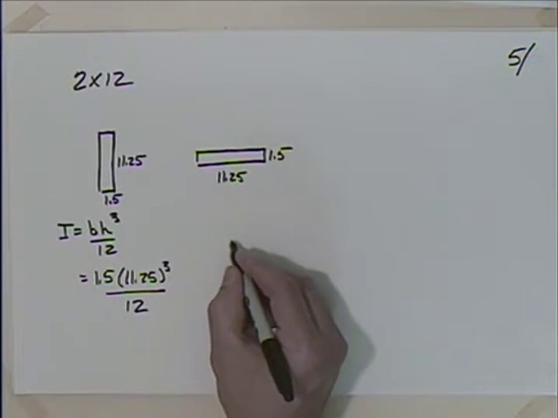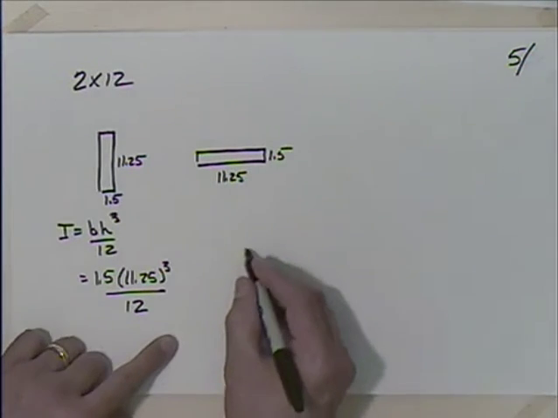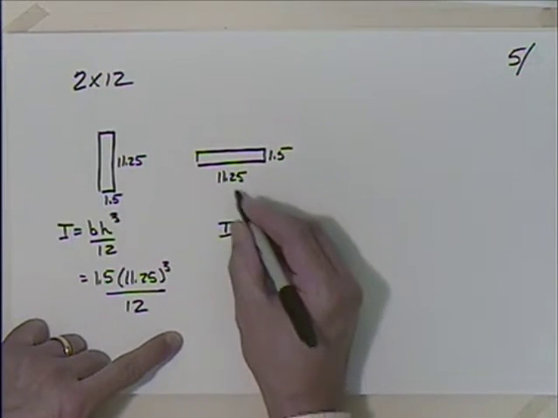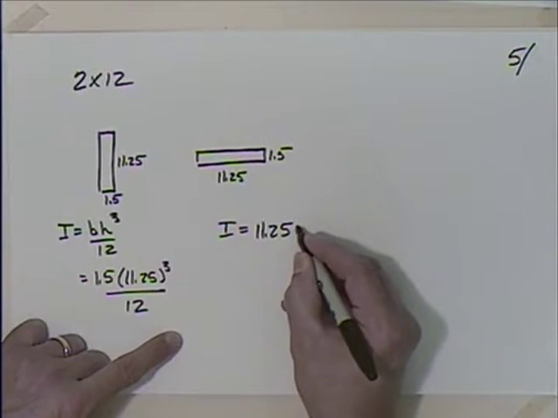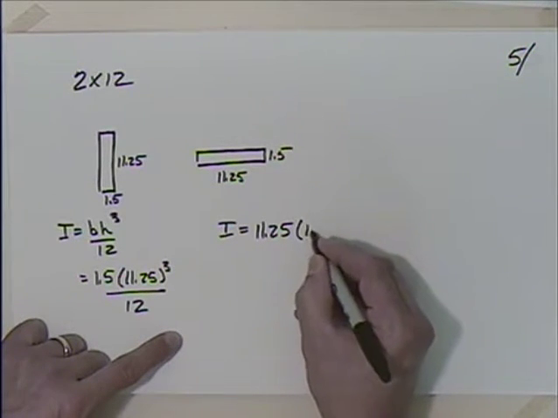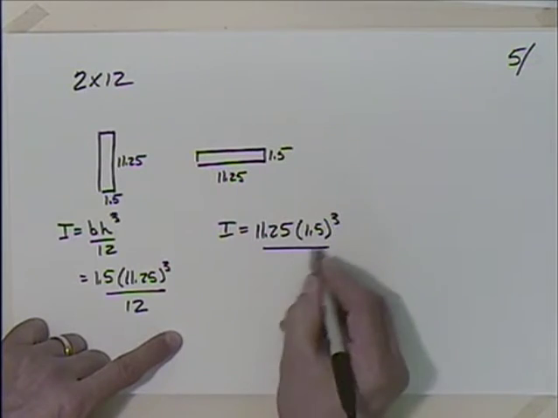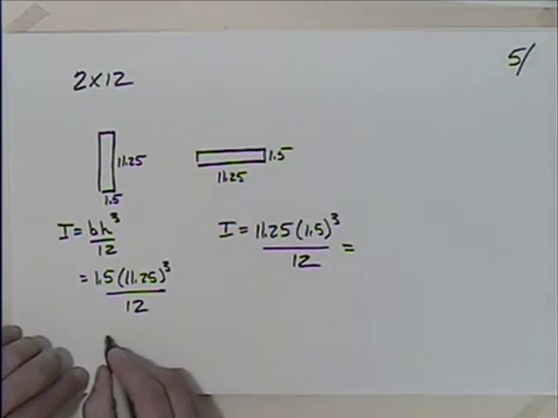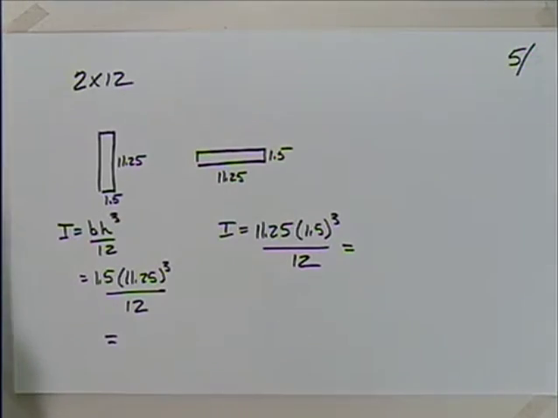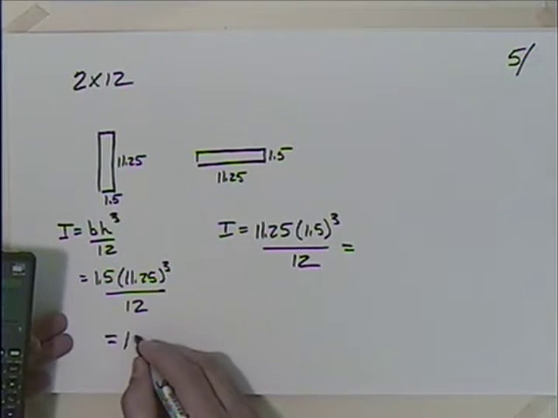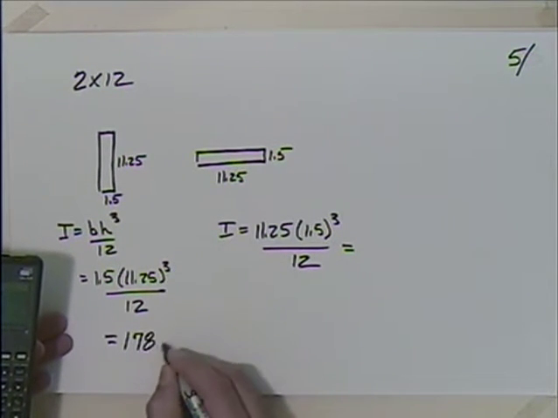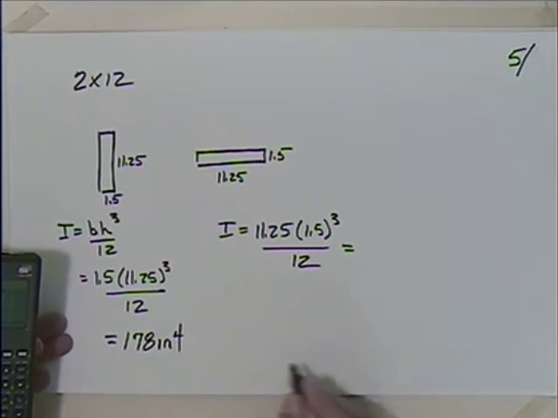And here I'm going to do exactly the same thing, but I've got to change my numbers. I'm going to say that I is equal to, the base is 11.25 and the height is 1.5 that I get to cube, and then divide by 12. So this one turns out to be, should be about 178, I think. That's a number I used to use a lot. Yeah, 177.9, 178 inches to the fourth.